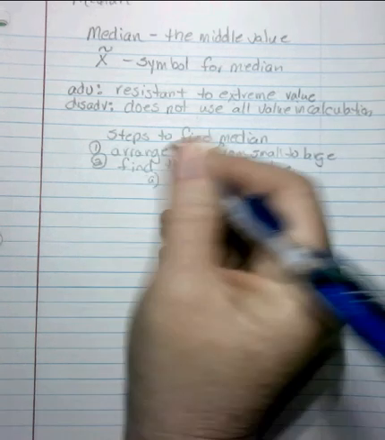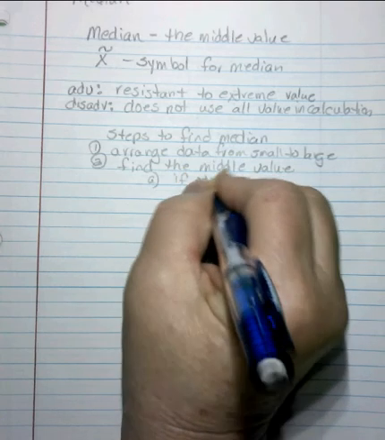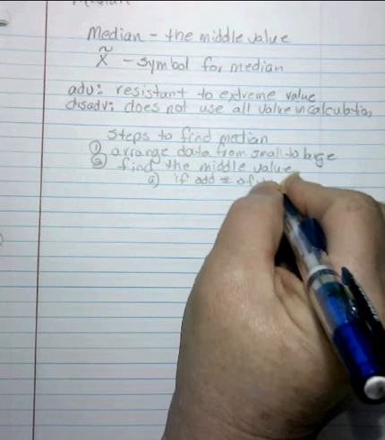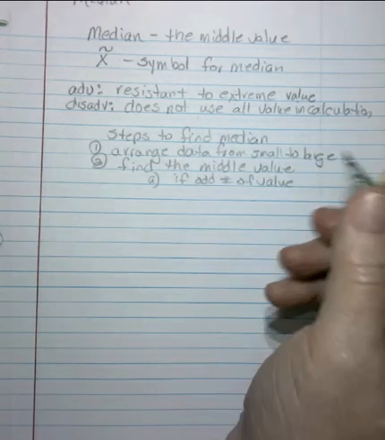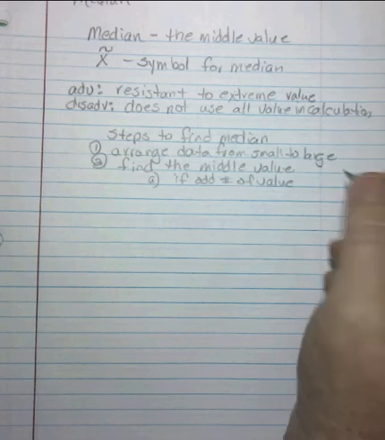If we have an odd set of values, there is only one number that is absolutely in the middle of your values.